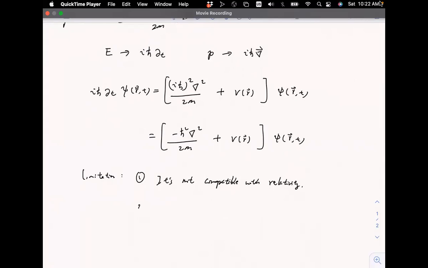The second limitation is that it does not include the spin. Okay, spin is something that probably nobody wanted, and no one invented the concept of spin.